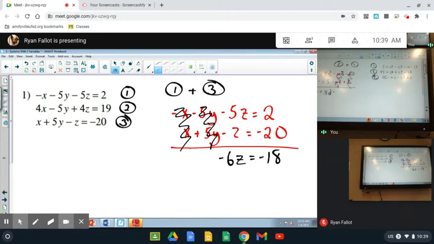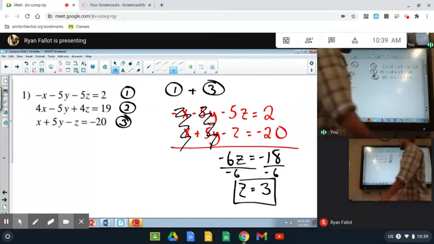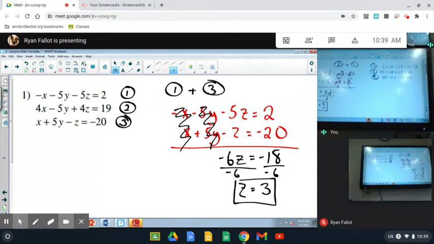Super easy to solve because we want to get z by itself, so we're going to divide by negative 6. z is equal to 3. That is one of your answers. So since that's one of your answers, we can work backwards now and start plugging in from there.